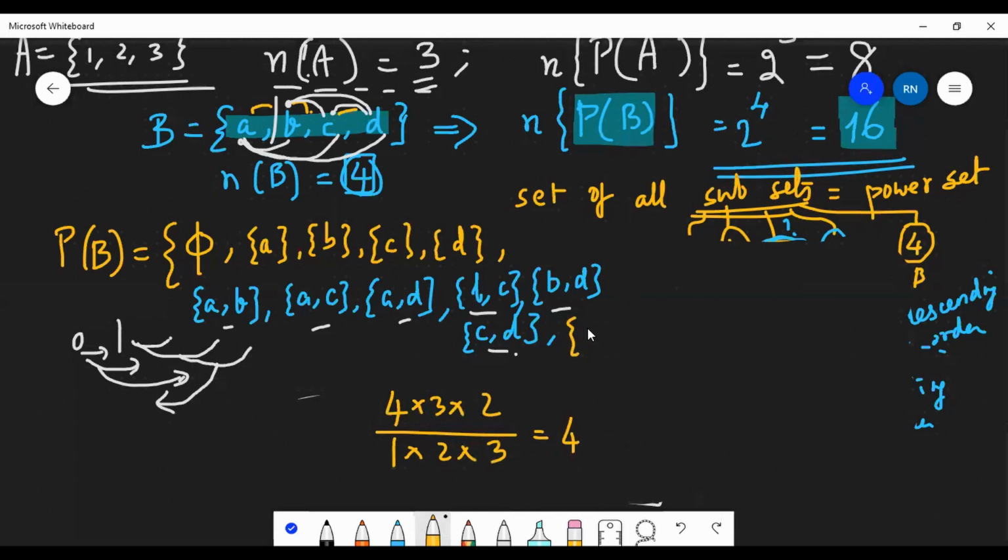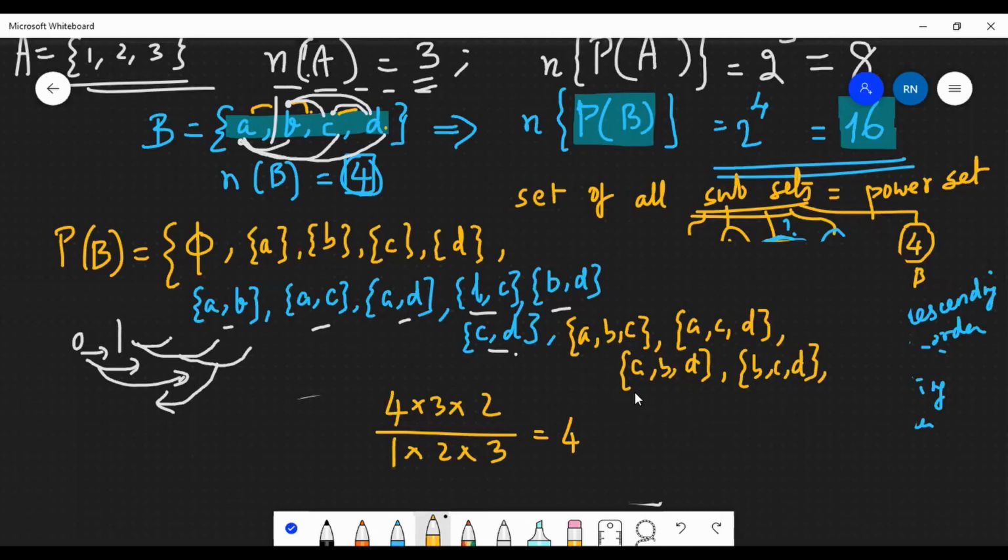A, B, C. Then distribute: A, C, D. Don't move away from A until you reach D. Then you go to B, C, D. One more with A is left over, I'm sorry: A, B, D. Then you start with B, C, D. The subsets containing 3 members are exhausted. Then the 4-member subset is B itself, A, B, C, D. Now it is completed.